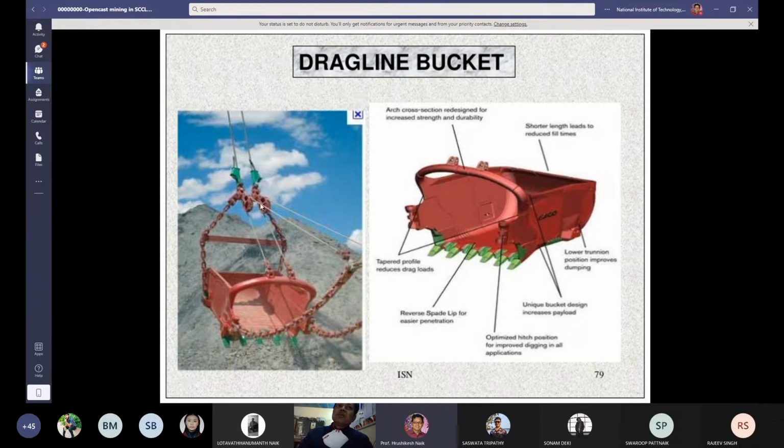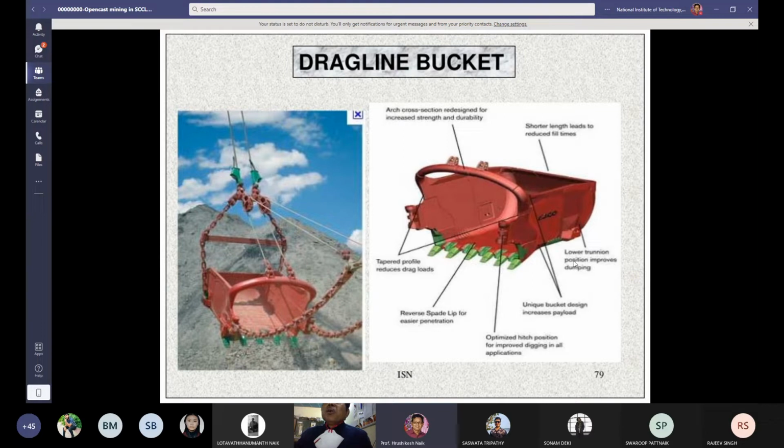For that purpose, you have a number of wear ropes and chains, so that the material can be collected or dragged. In the front of the bucket, there is an arc cross section redesigned for increased strength and durability. And on the back side, shorter length leads to reduced fall ton.